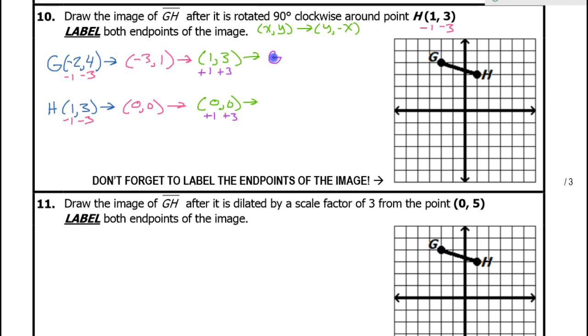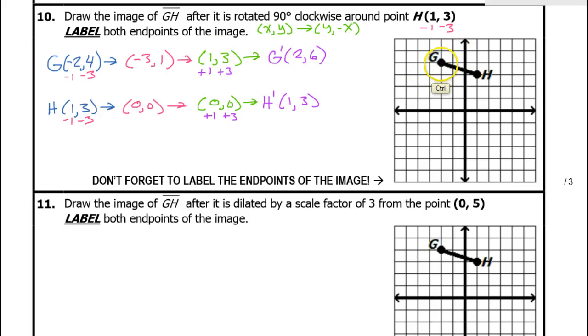So I will call this G prime, which will be 2, 6. And this will be H prime, which will be 1, 3, which of course is the original point. H didn't move since we're rotating around point H.